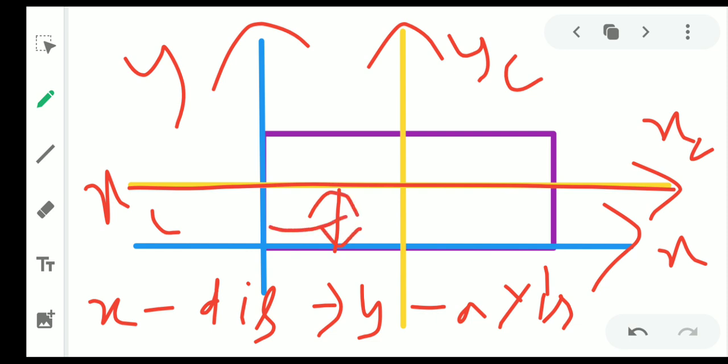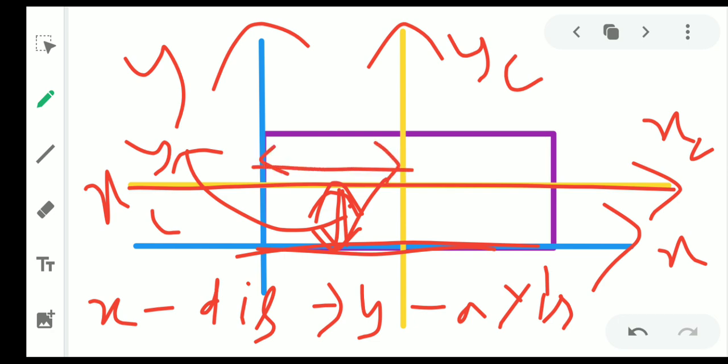So this distance is nothing but in y direction. From x axis we are calculating the y distance. From y axis we will be calculating the x distance. So remember these two things.